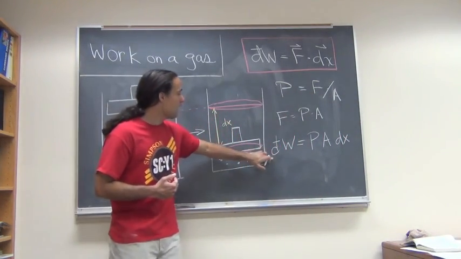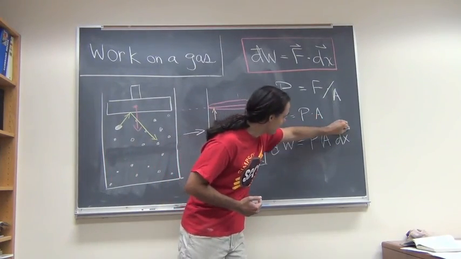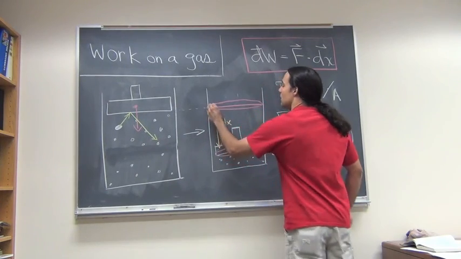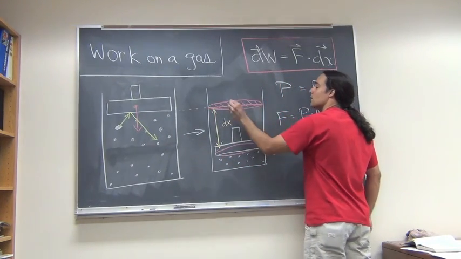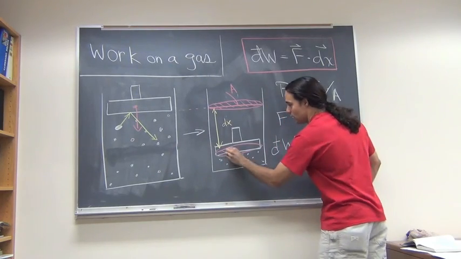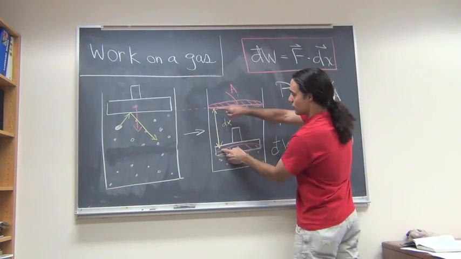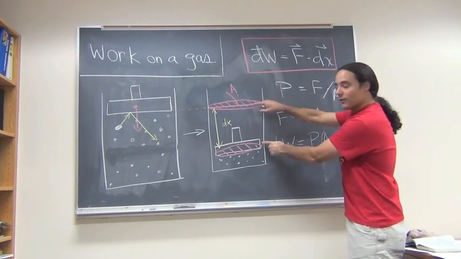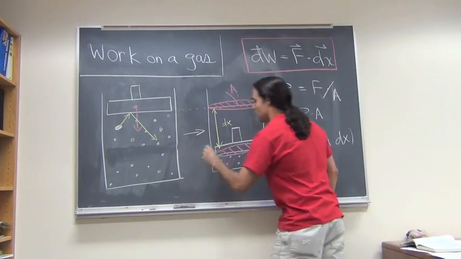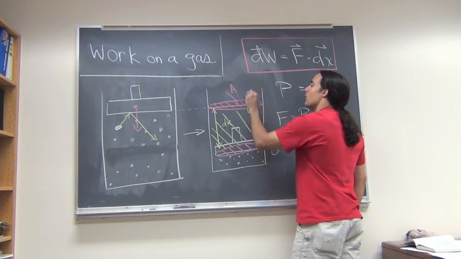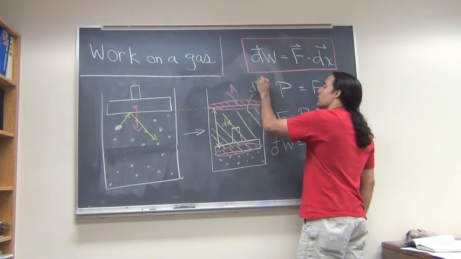And if I look at what a dx is, that would be the area of my piston times dx. Again, that's your area, here's your dx. Well, that's just going to give you the volume inside this region. So this is how much your volume has changed by some differential amount.